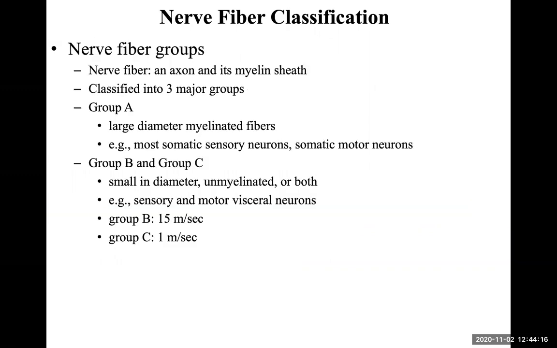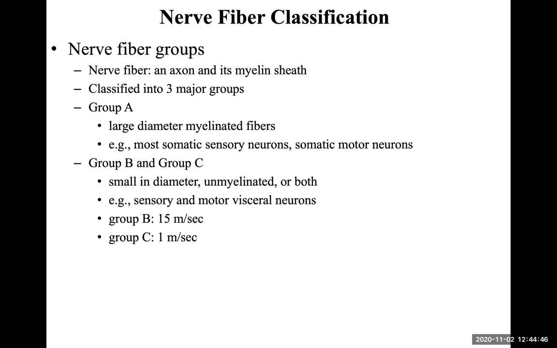And then when it comes to nerve fibers, we group nerve fibers into 3 major groups. Group A is going to have the fastest velocity of nerve signal conduction. The reason it's going to have the fastest velocities is because these are axons that are relatively large in diameter, and they tend to also be relatively heavily myelinated, right?